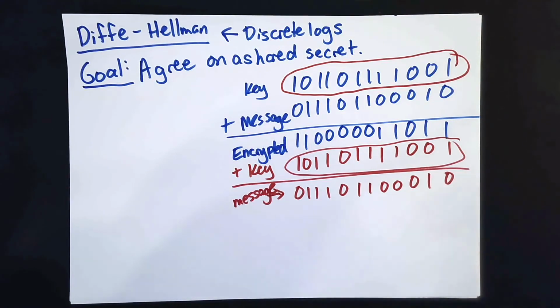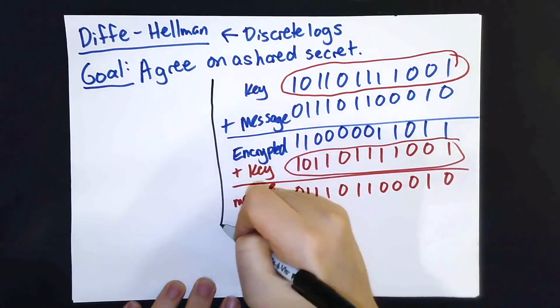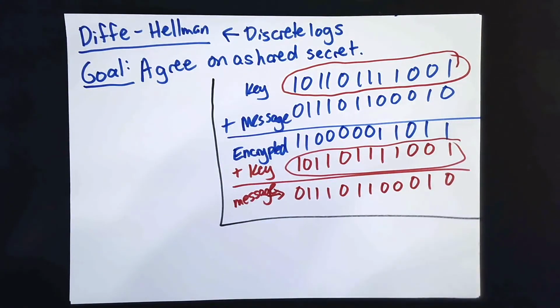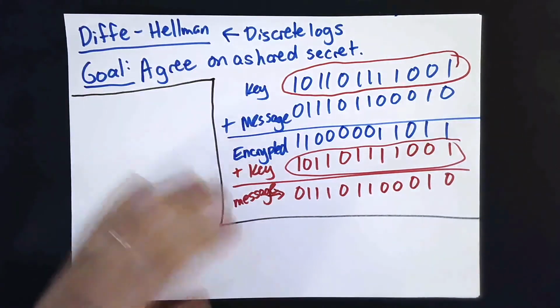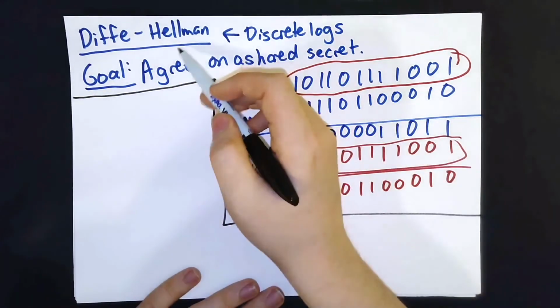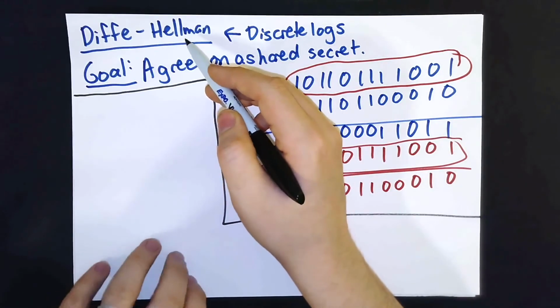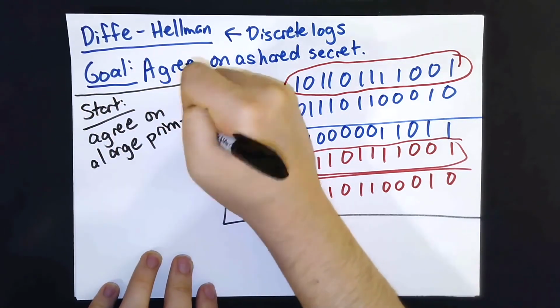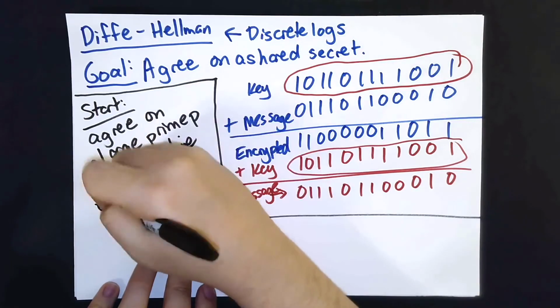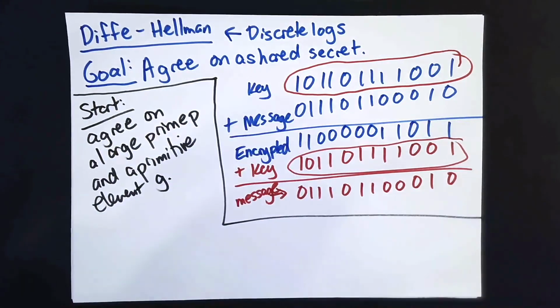But that was all a long aside about what we're going to do once you and I have a shared secret. But how do we get the shared secret? Well, the way we get the shared secret is by using this algorithm, Diffie-Hellman. And so to start with, the two of us are going to agree on a large prime P and a primitive element G. So both of us have to be in agreement.